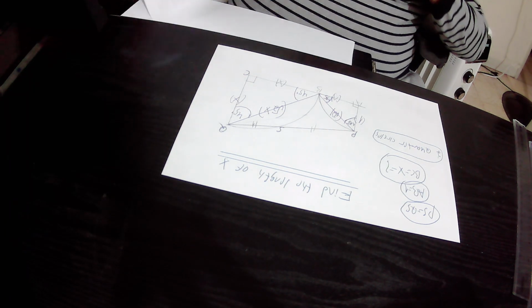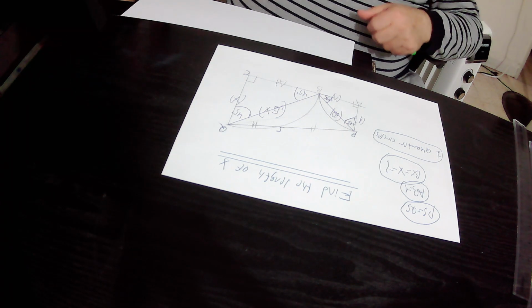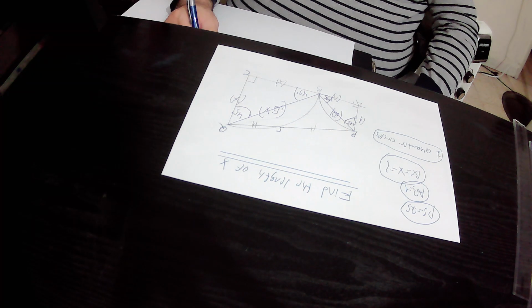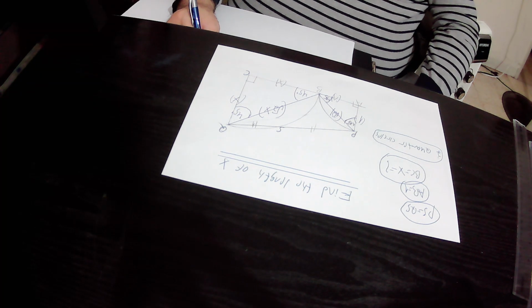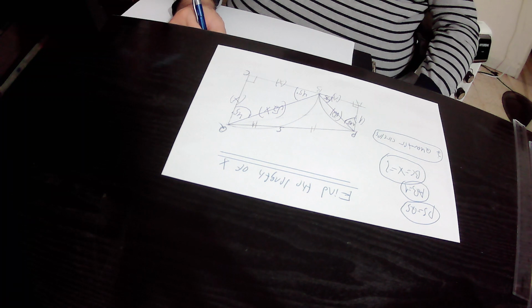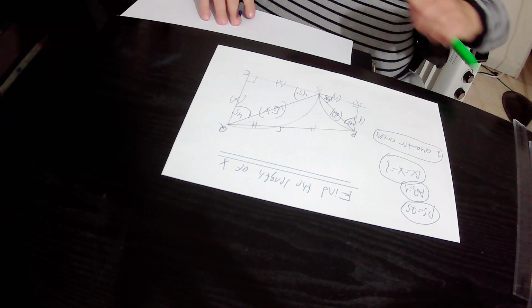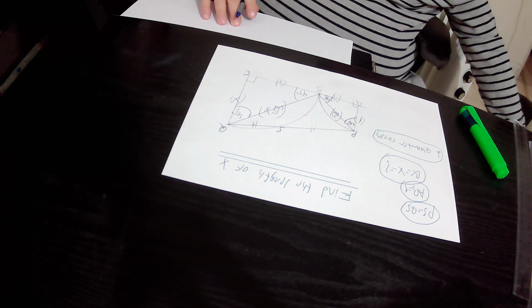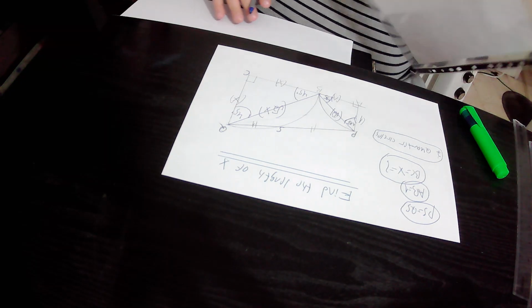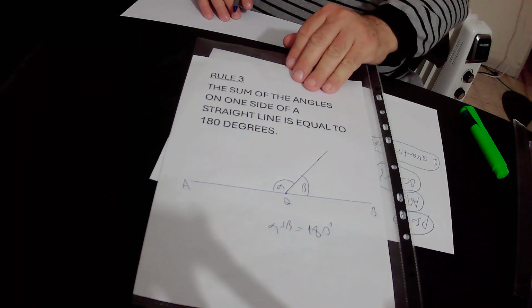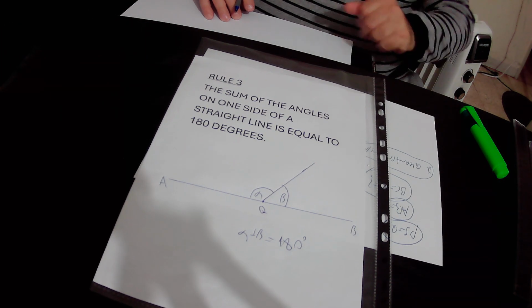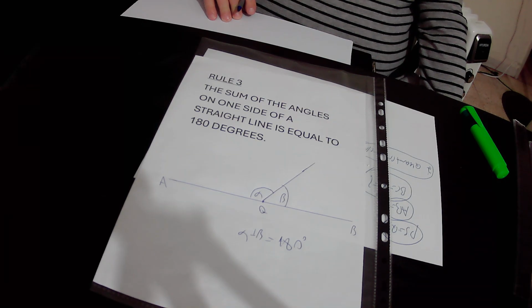In the next step, I present to you a new rule number 3, and we will implement rule number 3 in our drawing. According to rule number 3, the sum of the angles on one side of a straight line is equal to 180 degrees.